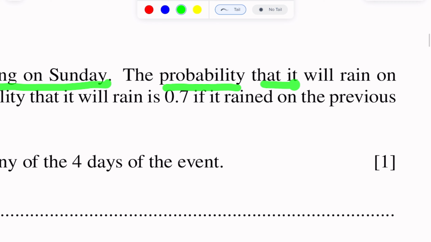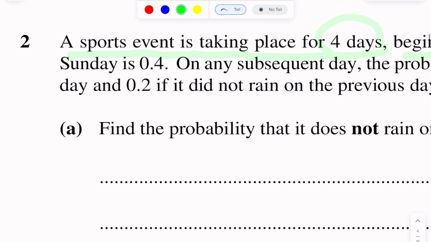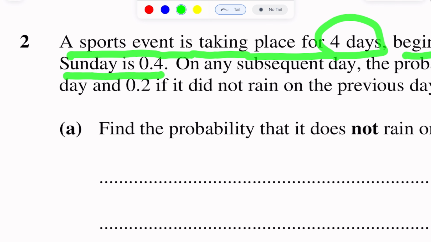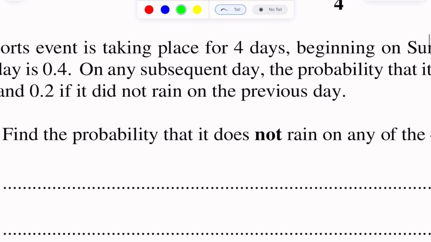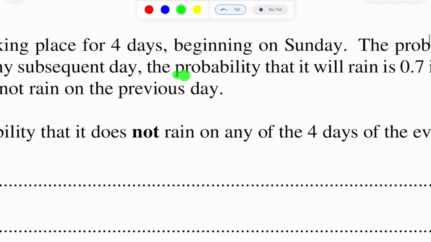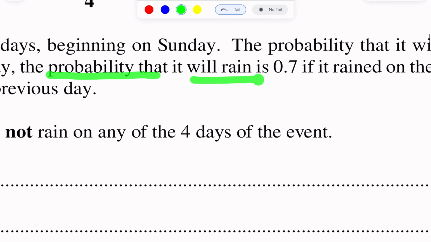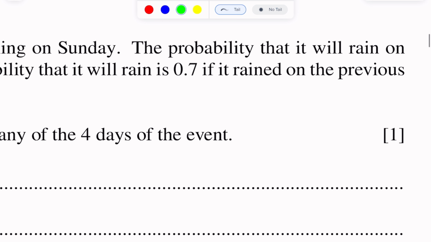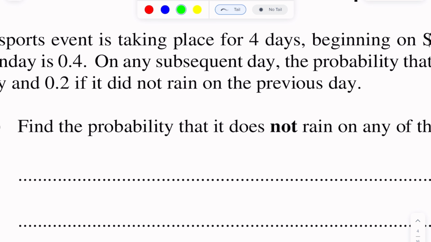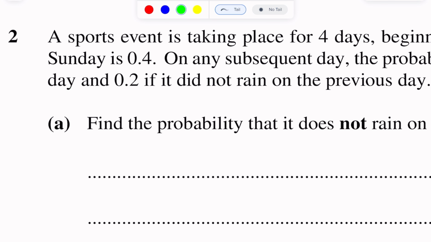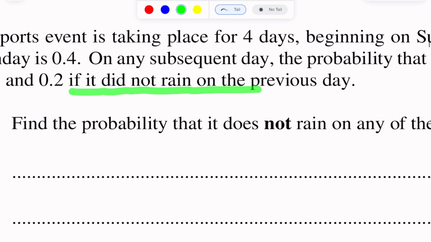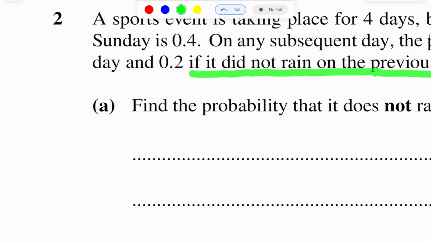The probability that it will rain on Sunday is 0.4. On any subsequent day, the probability that it will rain is 0.7 if it rains on the previous day, and 0.2 if it did not rain on the previous day.